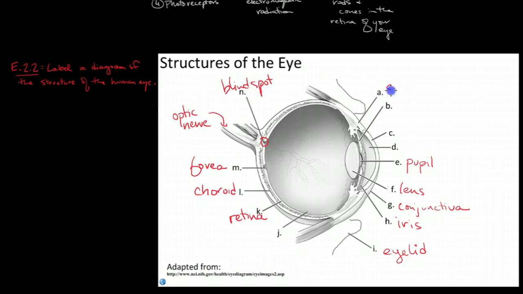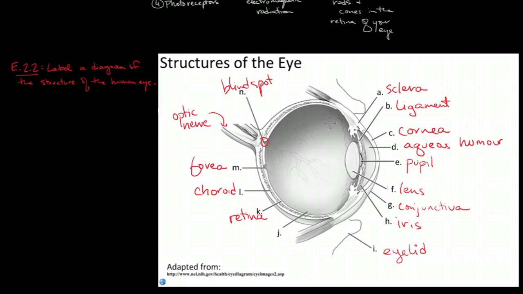You have the sclera here. We've got the ligament, which is the muscular part of the iris. We've got the cornea. And we've got the aqueous humor, which is just the fluid within the eye that helps light pass through.